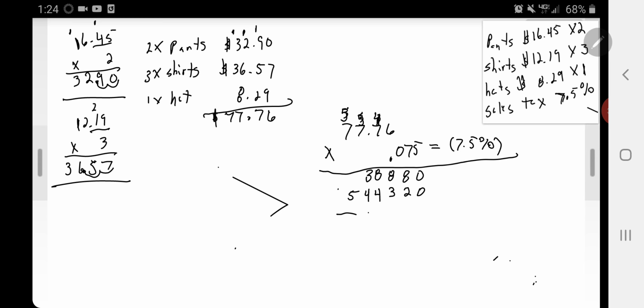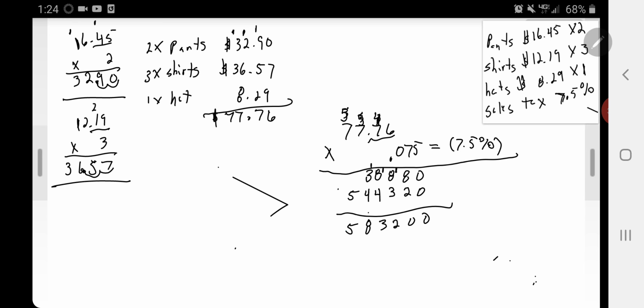Adding all that up together, 0 plus 0 is 0. 8 plus 2 is 10. Carry the 1. 1 plus 8 is 9. 9 plus 3 is 12. Carry the 1. 1 plus 8 is 9. 9 plus 4 is 13. 1 plus 3 is 4. 4 plus 4 is 8. And of course, bring down the 5.